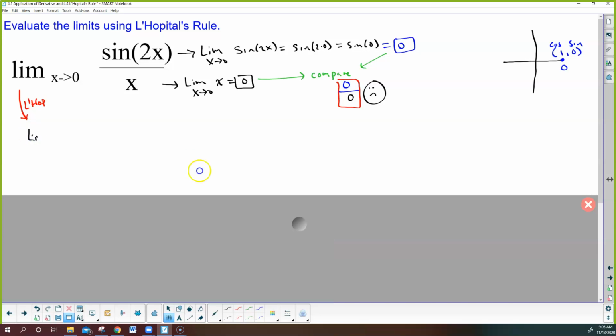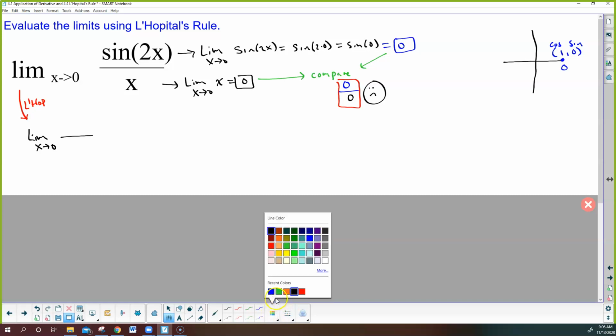So in L'Hopital's rule, we're still going to the same limit as x goes to 0. But now we're just going to take the derivative of the top. Notice there's a chain rule. I will say anytime you're doing L'Hopital's rule, you should think there's going to be a chain rule, right?